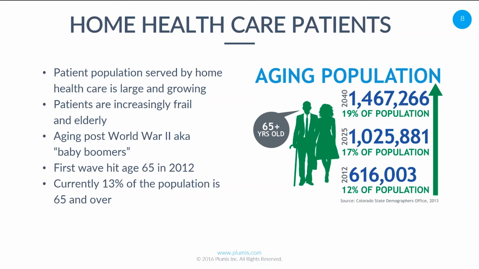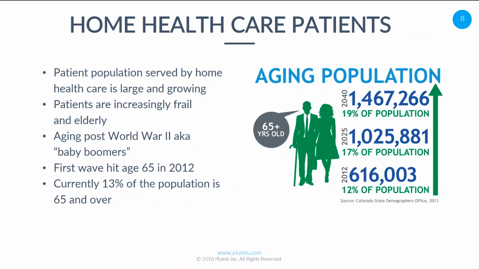And as you can see on the right-hand side of your screen, the projections are that that percentage of our overall population that will be 65 or older will do nothing but increase in the coming years. Again, representing a high-risk population that we need to address and help mitigate the problems associated with that.